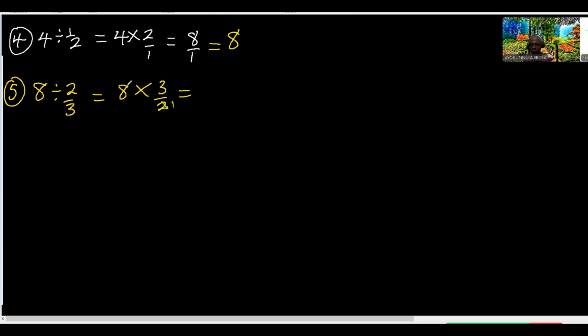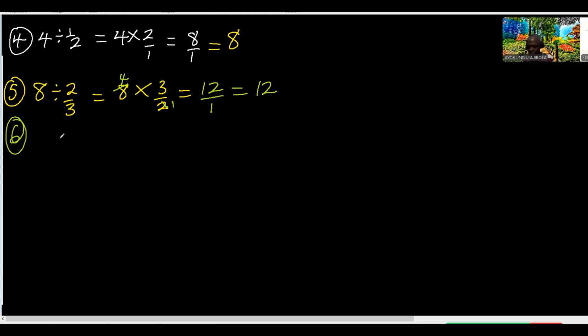So 2 here 1, 2 here 4. So what do I write now? So it's 4 times 3, which is 12 over 1. And what's the final answer? 12. Is that clear? Yes. So whenever you see anything over 1, that means the same thing.